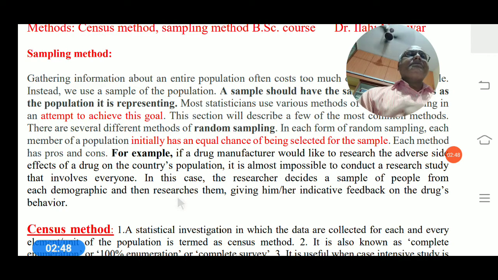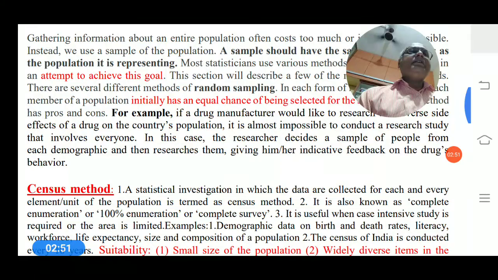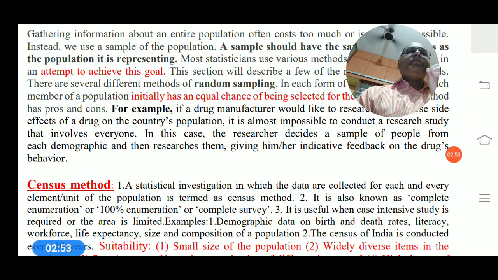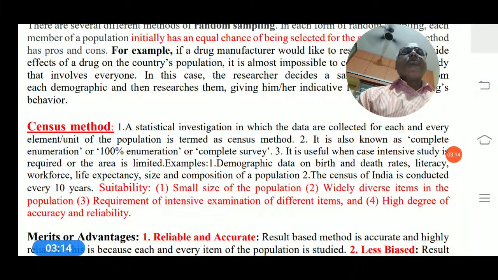So in this case, the researchers decide on a sample of people from each demographic, and then give indicative feedback on the drug's behavior. This is most important. So by this sample we have to use sampling methods, and for your syllabus, one of the most important is the census method.